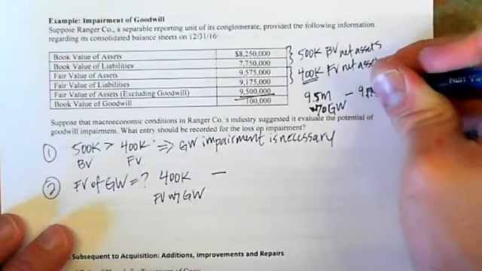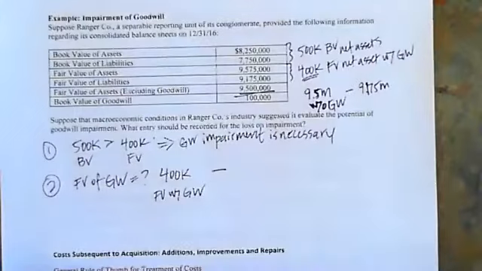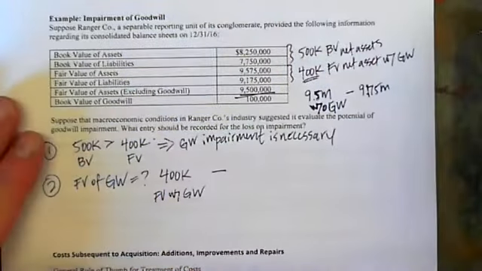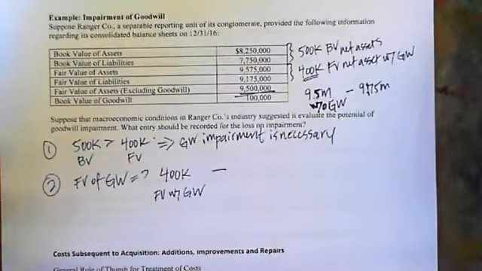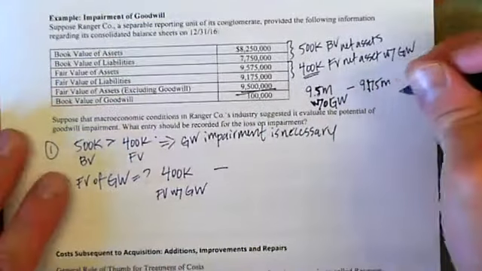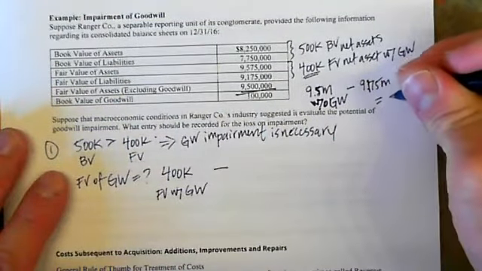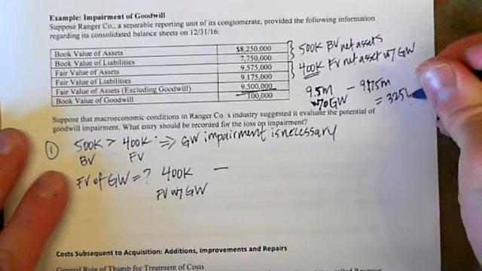Oops, 9.175. That'll be a much different calculation. So 9.5 minus 9.175 would give me what the net assets were, which comes out to 325.